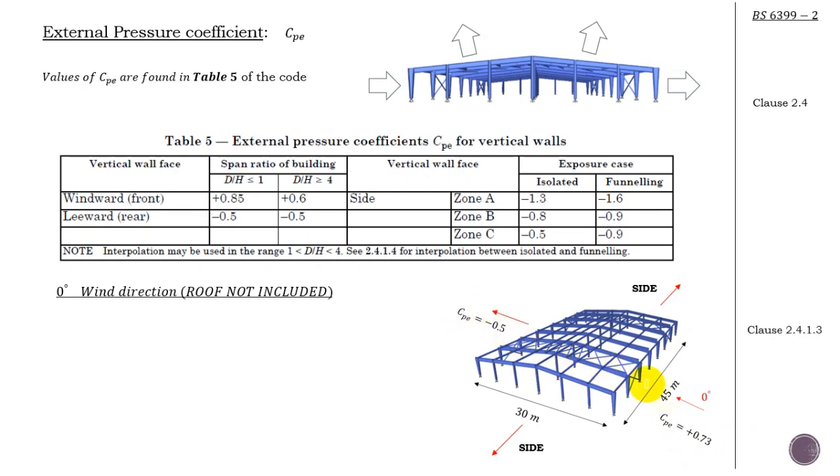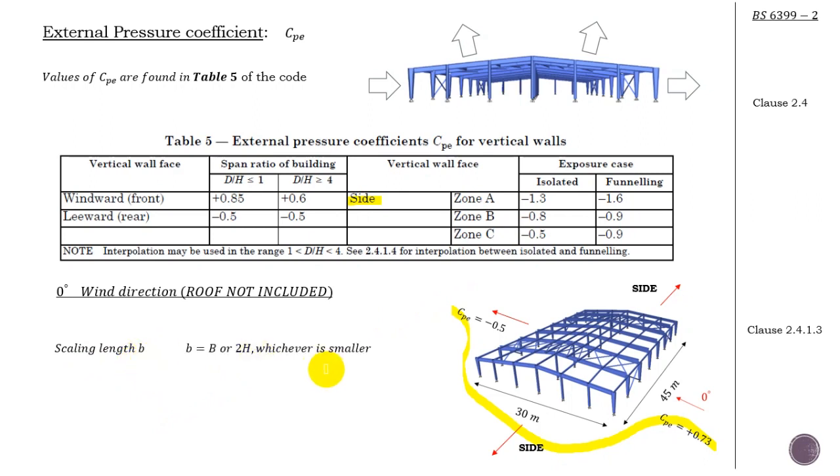Remember, the wind also affects the side of the building, flows something like this, okay? So we have to consider the side face of the building. Now table 5 also provides the value of the external pressure coefficient for the side face of the building, but you have to divide it into zones, and in order to do so we need what's called the scaling length b, okay?